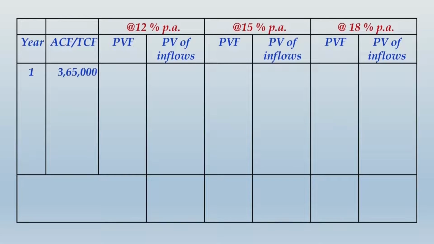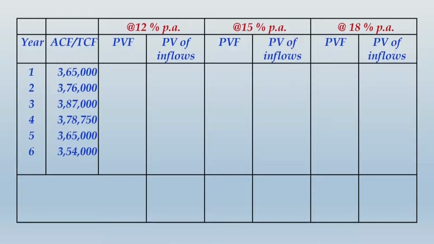So what I will do is, the annual cash flows and terminal cash flows for the project life what we have obtained will be just plotted in this table as initial information. So 6 years of project life and 6 years of annual cash flows have been plotted over here. Not to forget that by end of 6th year you will again get some terminal cash flow.